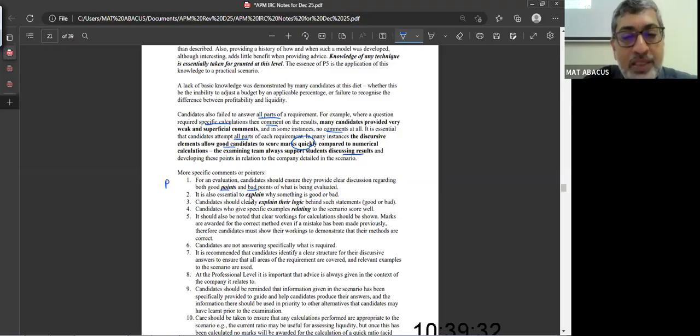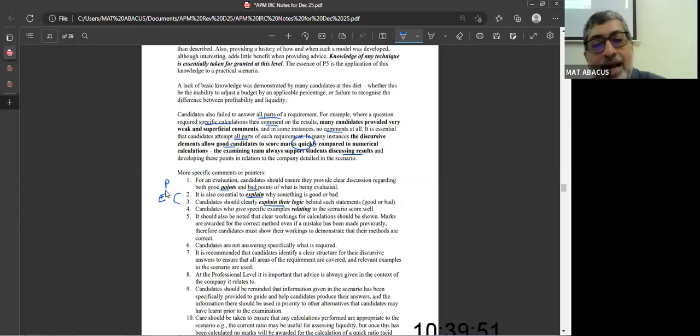It is also essential to explain why something is good or bad. Candidates should clearly explain their logic behind such statements. This is where I get E. The technique that I ask my students to write for evaluate, assess, recommend is PER.